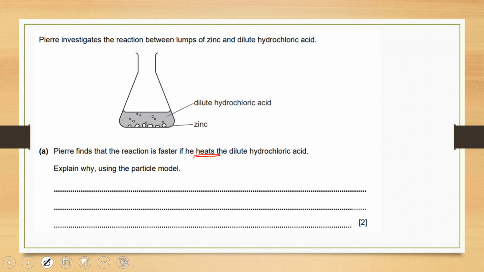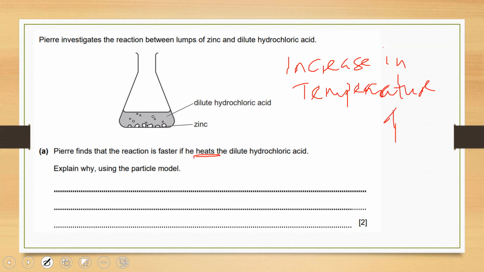An increase in temperature always leads to an increase in kinetic energy. If there is an increase in kinetic energy, then that will also increase how particles move. So movement of particles will also increase.